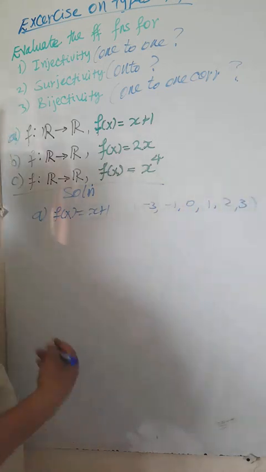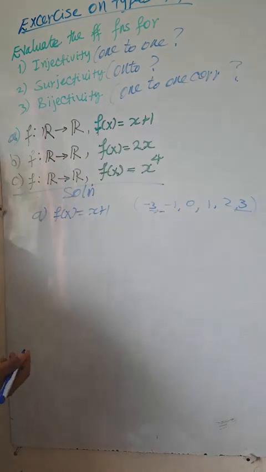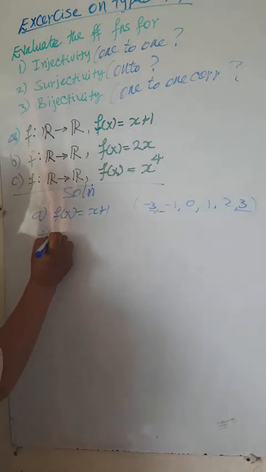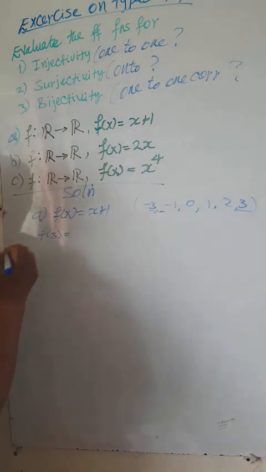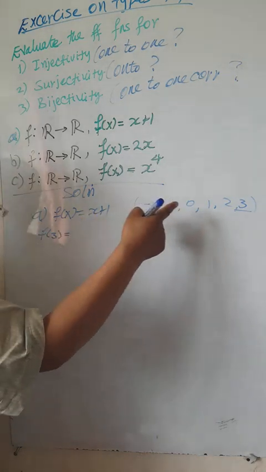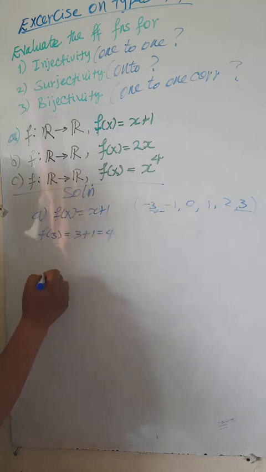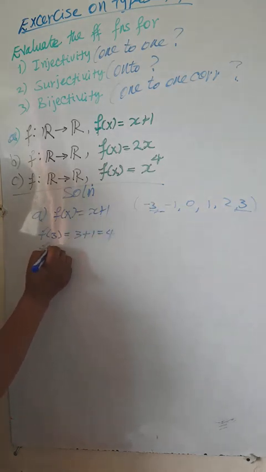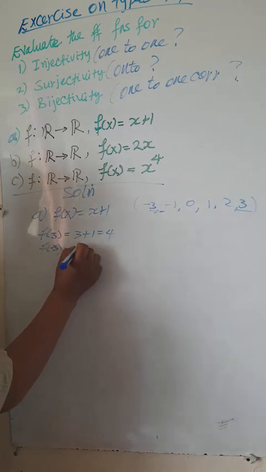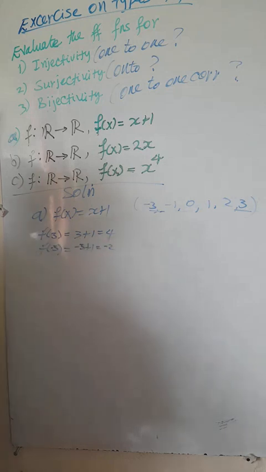That means when we take negative 3, we also take 3 and check. So f of 3 is 3 plus 1, which is equal to 4, and f of negative 3 is negative 3 plus 1, which is equal to negative 2.